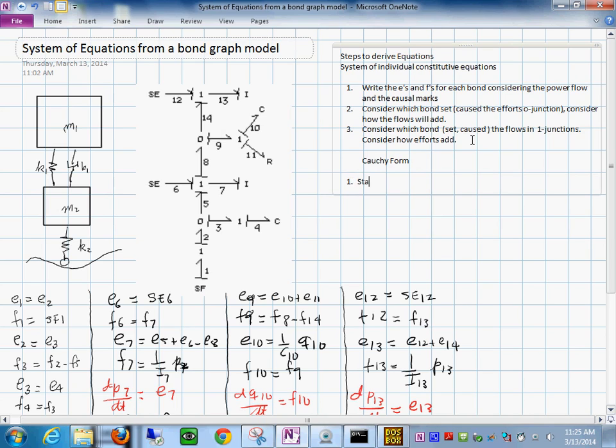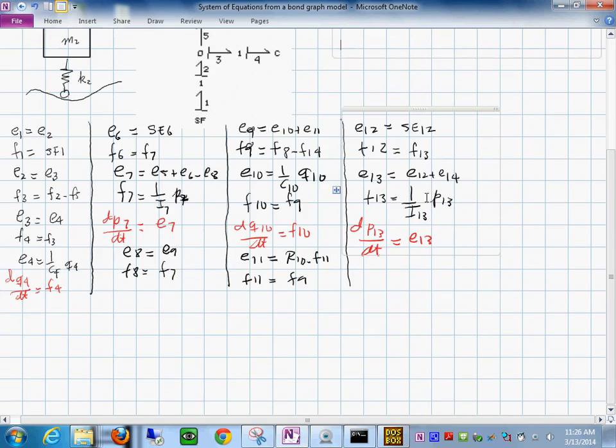Here we start with the derivatives and substitute the individual constitutive equations. All right, that's what we're doing. So I am going to write down here the Cauchy form on the bottom one over here.